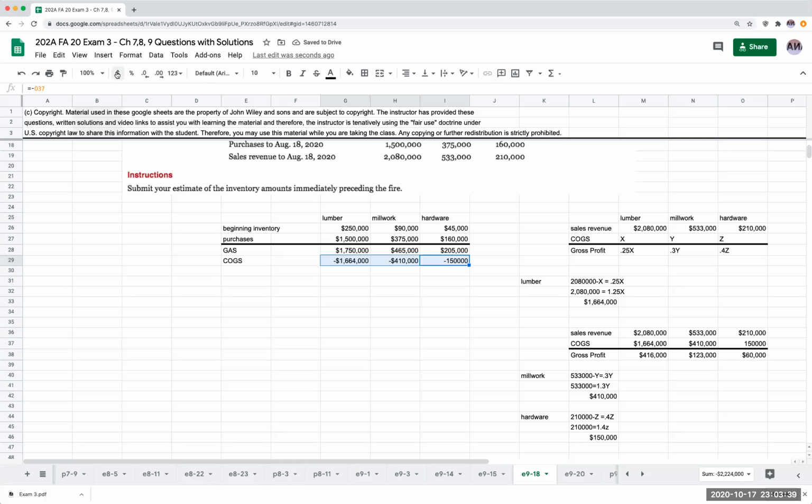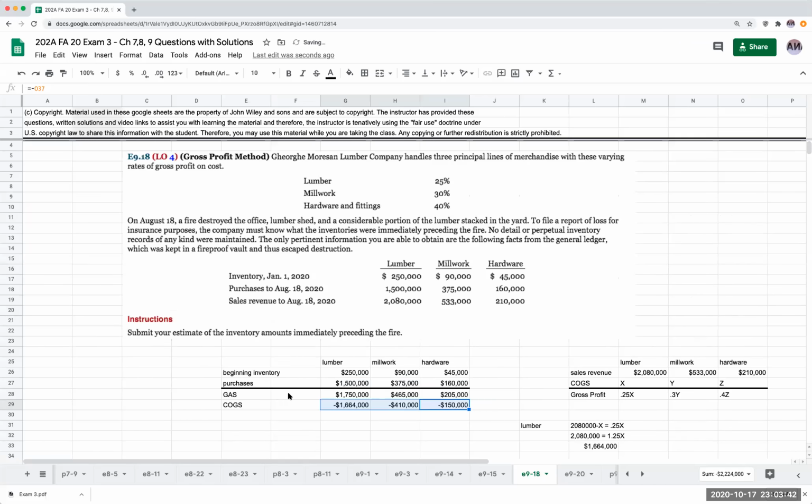So my ending inventory, also known as the inventory amount lost by fire, is going to be 86,000, 55,000, and then another 55,000. Let's just go through, and this is exercise 19, and it looks like we're correct.